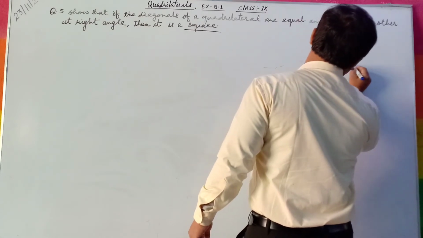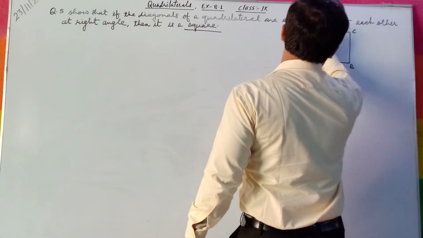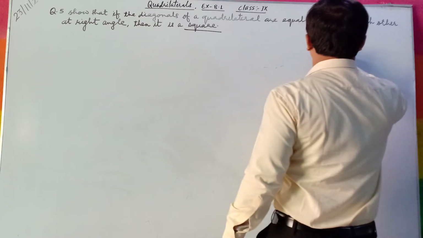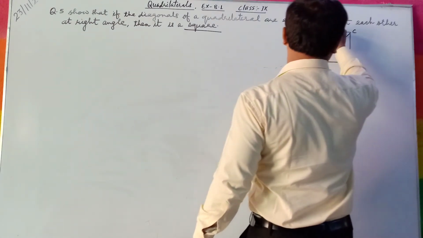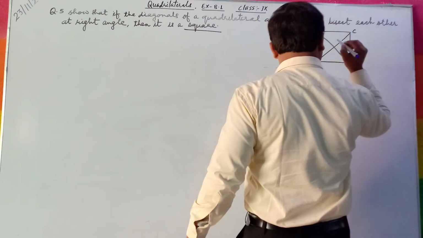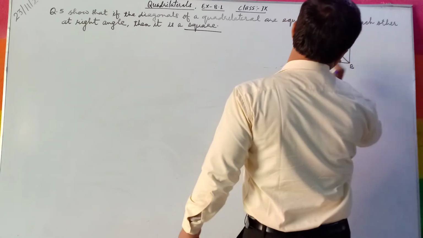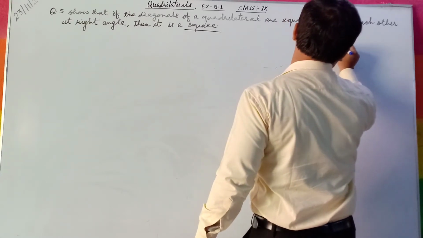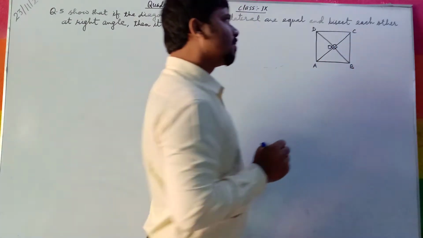A, B, C, D, and diagonals AC and BD bisect each other at O at right angles.